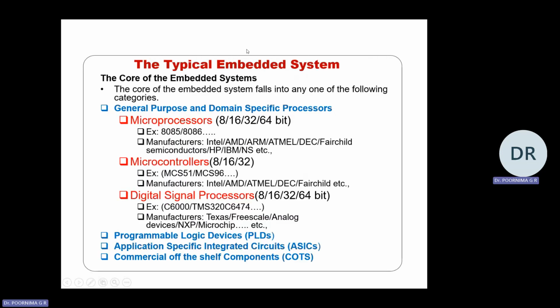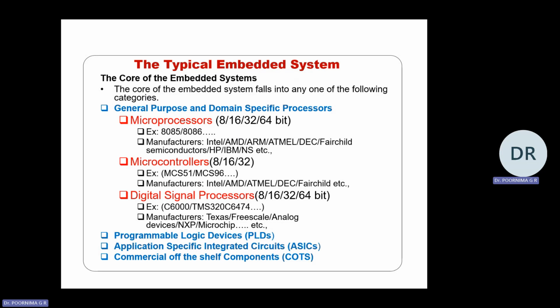The central processing unit is the core of the embedded system and falls into one of the following categories. The CPU can be made of different types of devices. The very first one can be a general purpose and domain specific processor based embedded system.